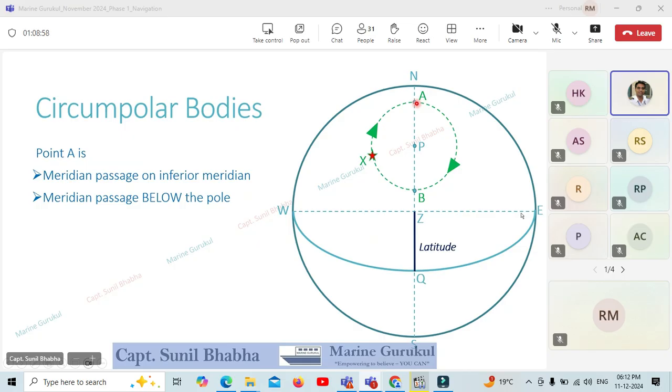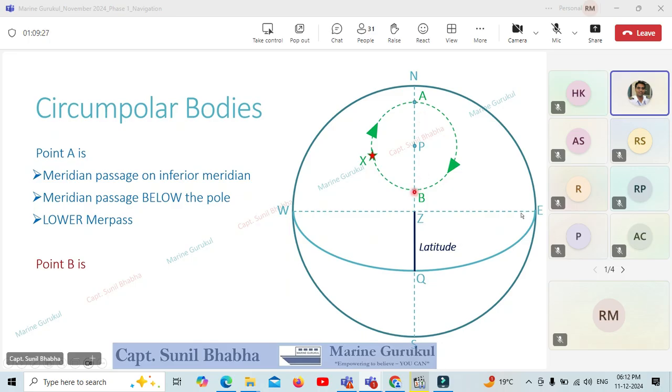And we can clearly see that the altitude of the body is lesser than the altitude of the pole. That is why at this particular instant, that is at point A, the meridian passage of the body occurs below the pole. For this particular reason, this is also called lower meridian passage or lower Marpas.